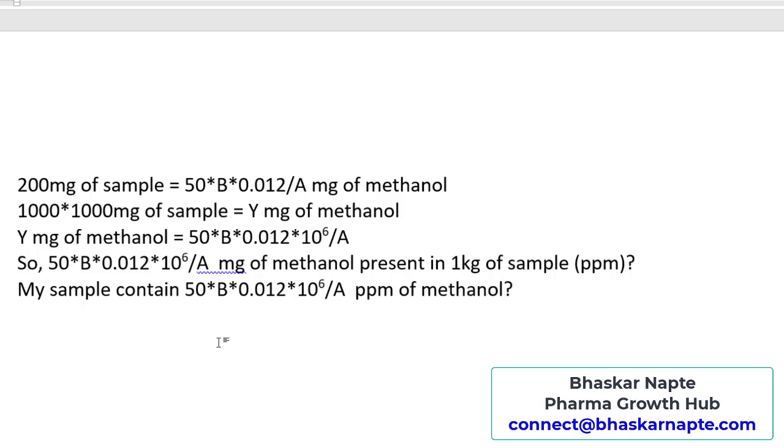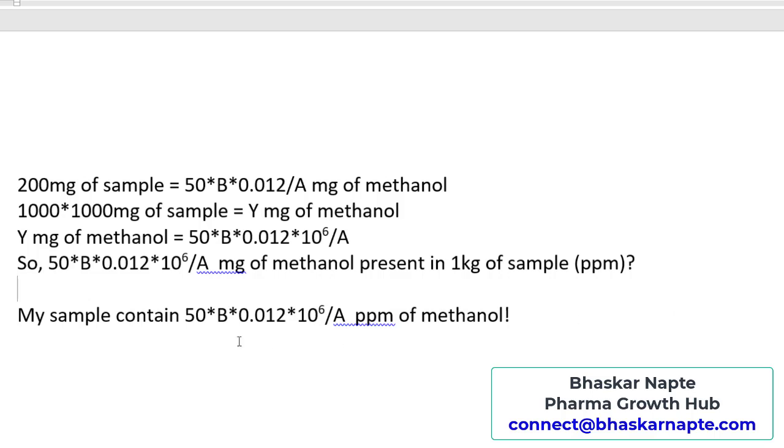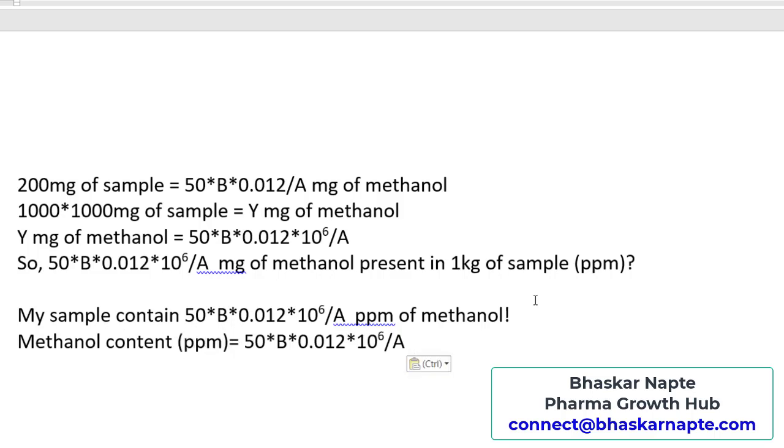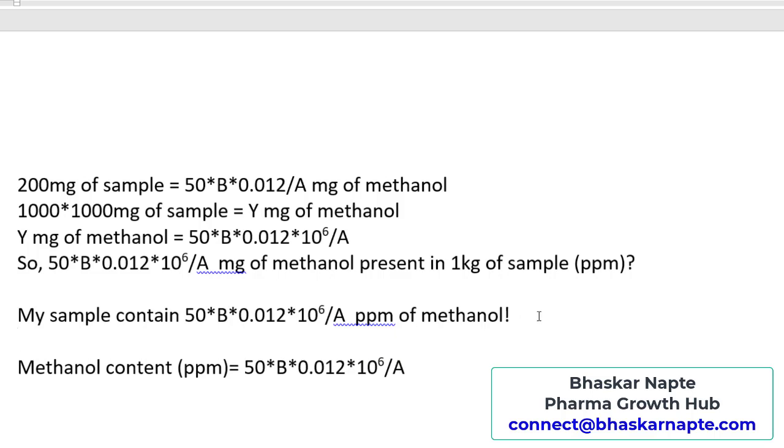My sample contained 50 into B into 0.012 into 10 raised to 6 divided by A ppm of methanol. Can I say that? Certainly, yes. Now I got the calculation formula. So the methanol content in ppm is equal to 50 into B into 0.012 into 10 raised to 6 divided by A. So we got a crude calculation formula now.